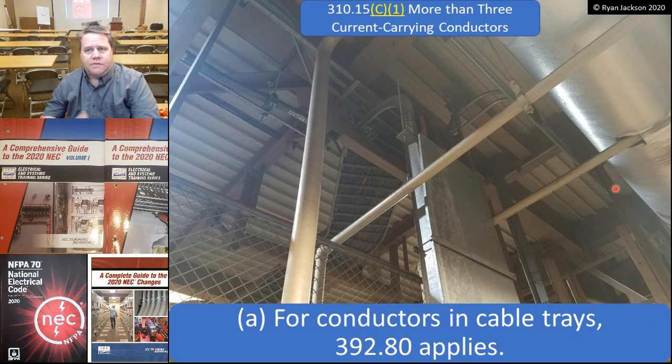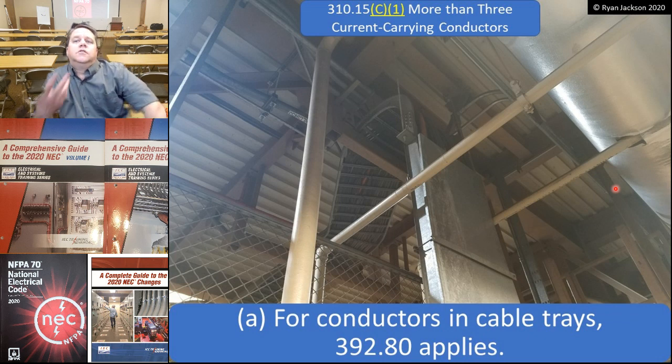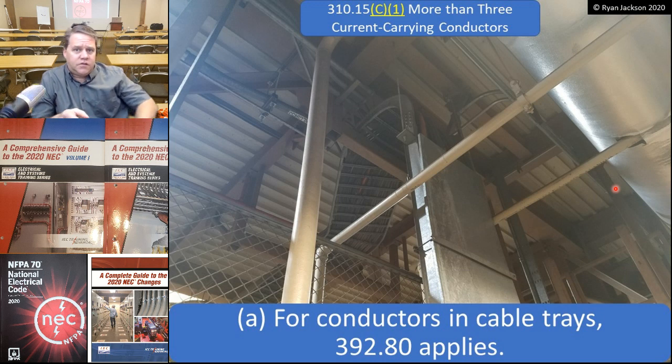Now, it starts off by talking about cable trays, and it points at section 392.80, and it says if you're doing a cable tray, go to 392.80. To spare you the steps, here's what 392.80 says, at least for 2,000 volts and less. If you have multi-conductor cables like TC cable, then you only need to count the number of current carrying conductors in each cable and not the number in the entire cable tray.